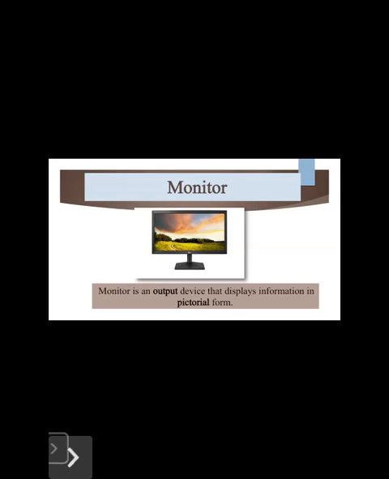Likewise, if I type the word Pakistan, how can I check that I wrote it correctly or not? Through the monitor, I can see the word that I typed is Pakistan. So through this device, I can see whatever I have written in pictorial form or in text form.